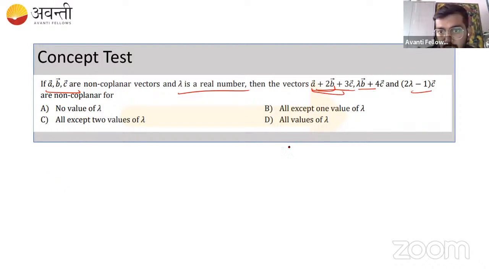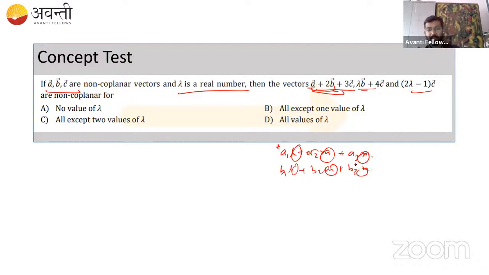See, this is that property we've studied, a1l plus a2m plus a3n, then b1l plus b2m plus b3n. So l, m, n are a bar, b bar, c bar in this question.